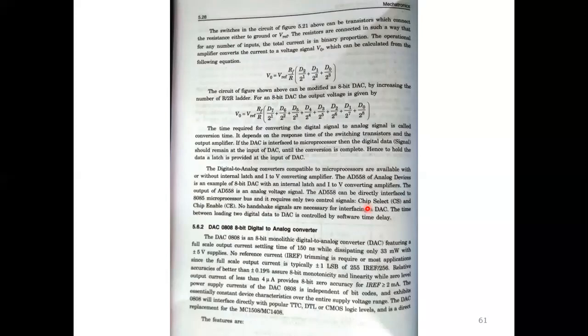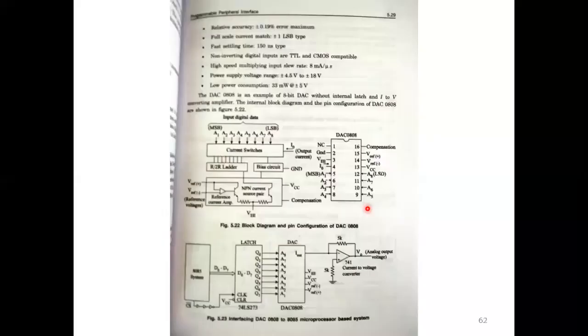The DAC 0808 is an 8-bit digital to analog converter. Its electrical specifications are a fast settling time of 150 nanoseconds for conversion of 1 bit, a high speed multiplying input slew rate of 8 mA per microsecond, and low power consumption.